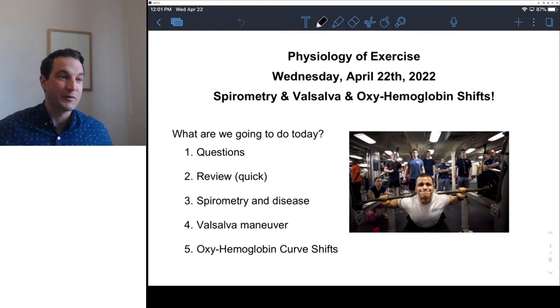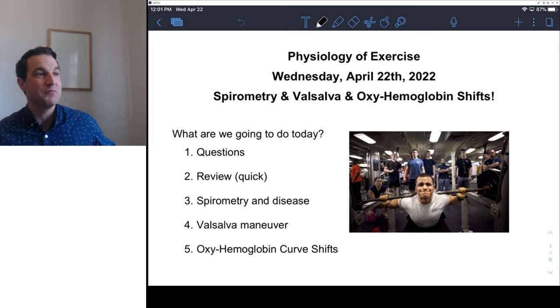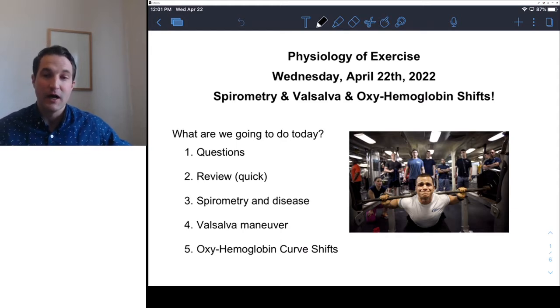This is a nice little picture we have of a gentleman portraying the Valsalva maneuver. For anybody who's done a squat or any sort of heavy lifting, I'm sure you're familiar with that as well. And then we'll just talk about a little topic that I kind of left out when we first went over the oxyhemoglobin curve, but I saw it on the quiz and I wanted to make sure to review it real quick, just so that everybody was aware of some adjustments to the oxyhemoglobin curve before we finish up this section.